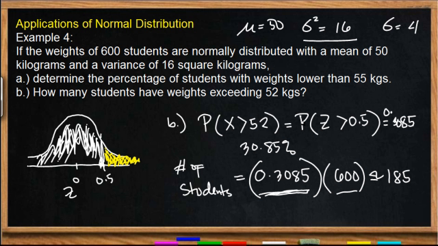Meaning if there are 600 students in all, there is a 30.85% chance that their weight is greater than that. Therefore the number of students whose weight is greater than that is 185. That is 30.85% of 600. I hope you understood this.